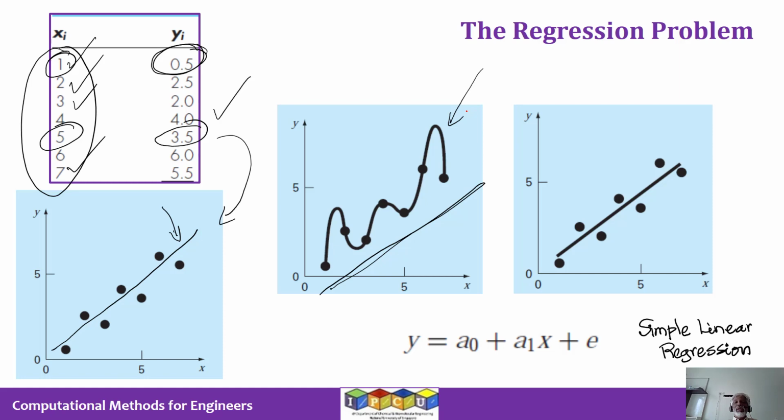But you can see that this polynomial is rather wavy. Even when you interpolate it within the range of the experimental data, x is equal to 1 to x is equal to 7, even within, it shows a lot of waviness. This sixth order polynomial will be good if the data does not have any noise.